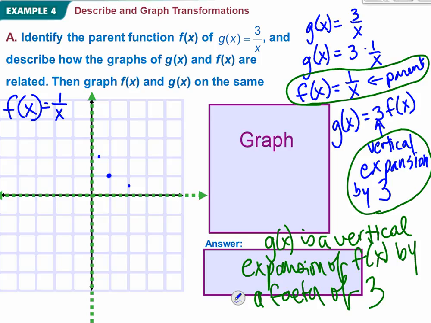And so that should be good enough for me to see what's going to happen there. And then same thing, if x is -1, it's at -1. If x is -2, it's -1/2. If x is -1/2, it's at -2, just to give me an idea of what that's going to look like. And boy, that's one of my better graphs of 1 over x, just letting you know.